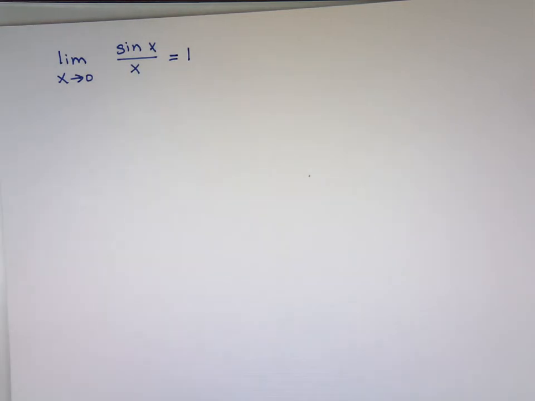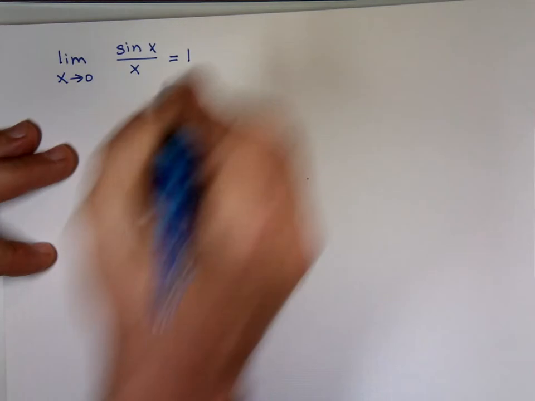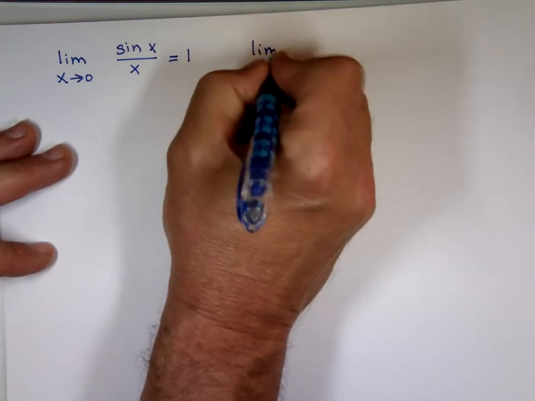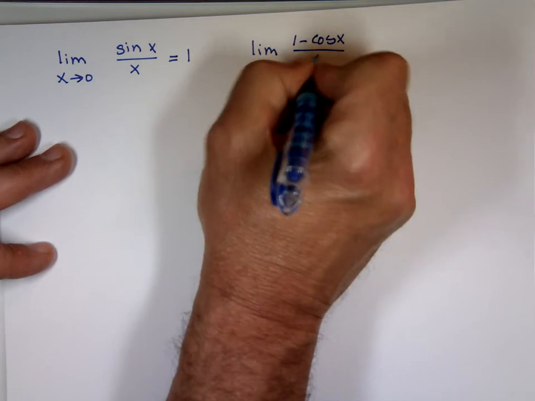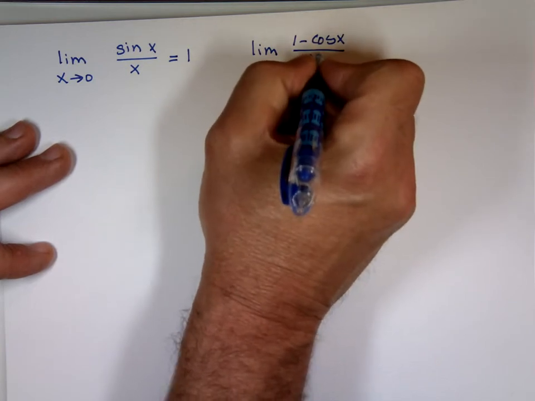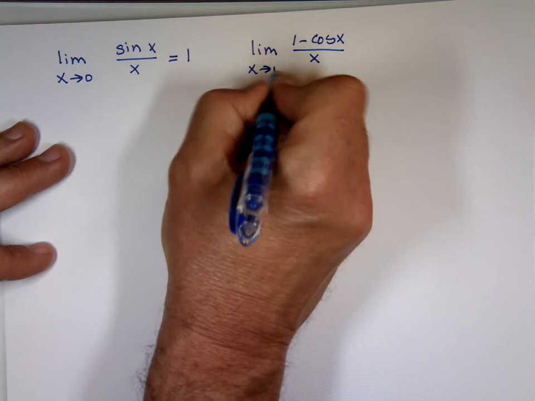Those are special cases. You can prove them by going to the table. I'm not going to waste the time on them. The other one, the limit of 1 minus cosine of x over x as x approaches 0. That's going to a 0.